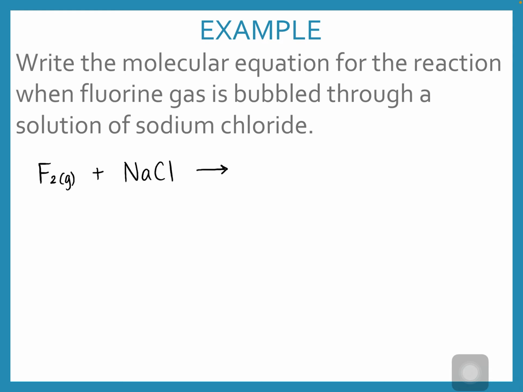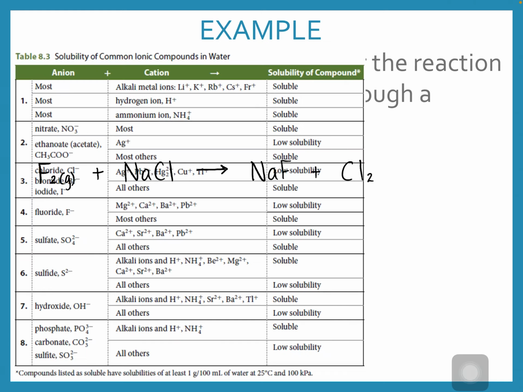Because fluorine and chlorine are both halogens, we have our rules of reactivity where the higher up in the group we are, and fluorine is the very highest element in that group, the more reactive it is. So because fluorine is more reactive than chlorine, it is going to kick chlorine out and pair with the sodium to make sodium fluoride. And then we're going to have chlorine, which is also a Hofbrinkel, so also Cl2. So we need to find the states for sodium chloride, sodium fluoride, and chlorine.